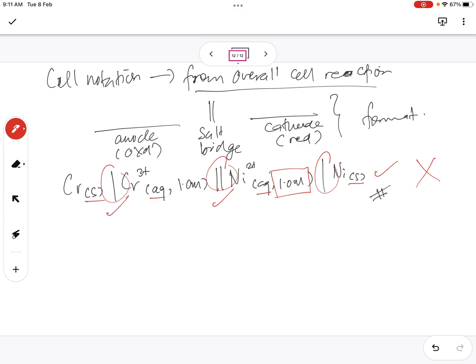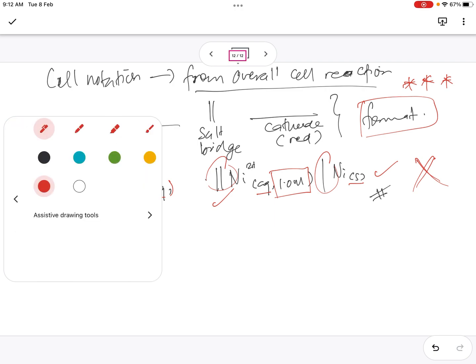Everything else you ada, you terlupa nak letak 1 molar dekat sini, contoh macam ni. Everything else correct, still kena pangkah. So, format is very, very important for cell notation. Do not change the format. Clear?